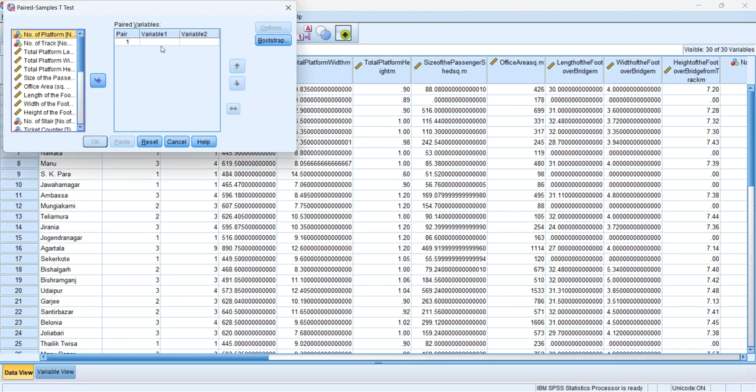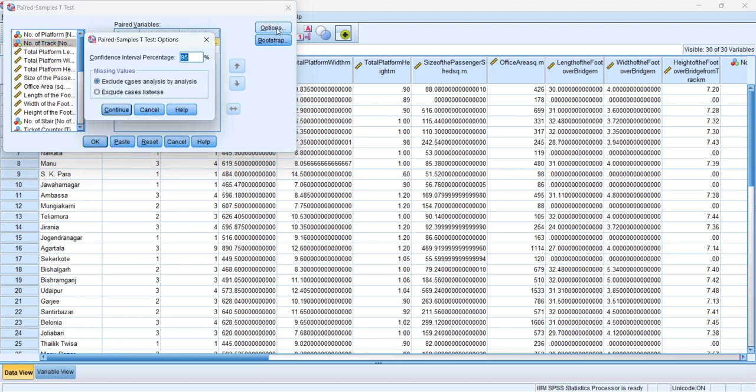Pair 1, variable 1 and variable 2. Pair 1, suppose, and pair 2 is the track. Fine, and then go here again.